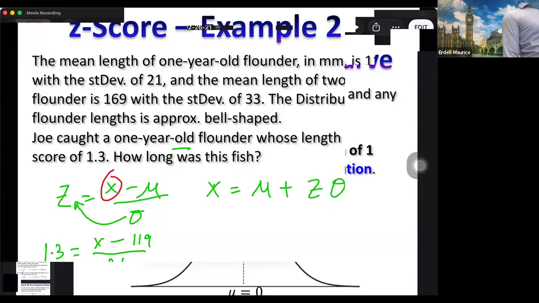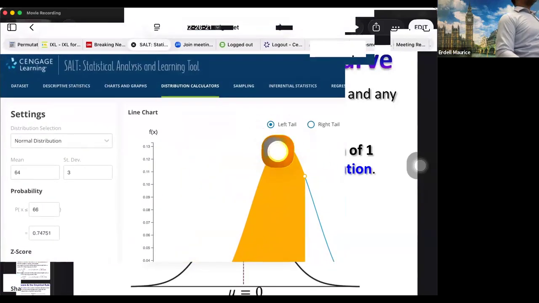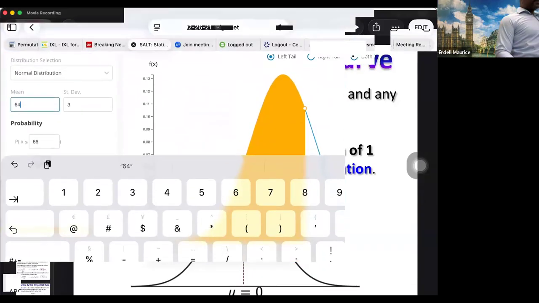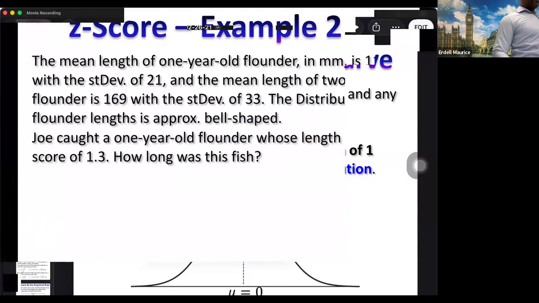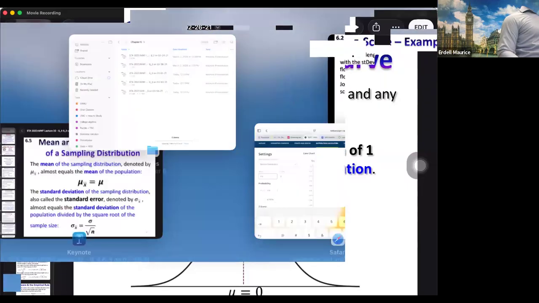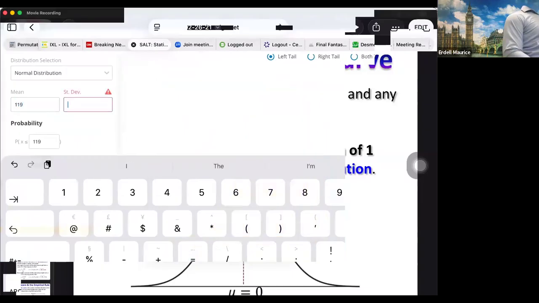There's a third way to get the answer. And of course, that third way is SALT. So in SALT right here, notice I'm just leaving it as a left tail test. I'm going to put the mean in. The mean was 119, standard deviation of 21.